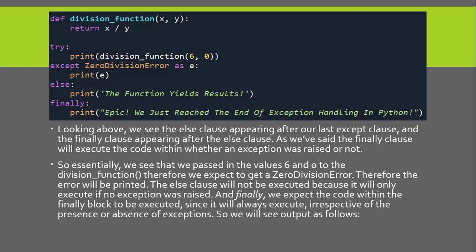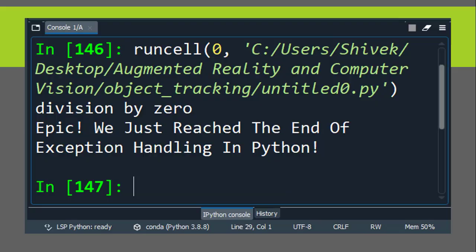Therefore, the error will be printed. The else clause will not be executed because it will only execute if no exception was raised. And finally, we expect the code within the finally block of code to be executed, since it will always execute irrespective of the presence or absence of exceptions. So we will see output as follows. Division by 0. Epic, we just reached the end of exception handling in Python.